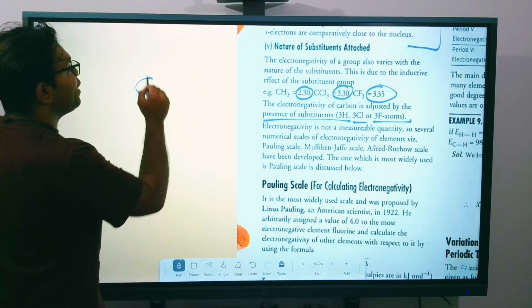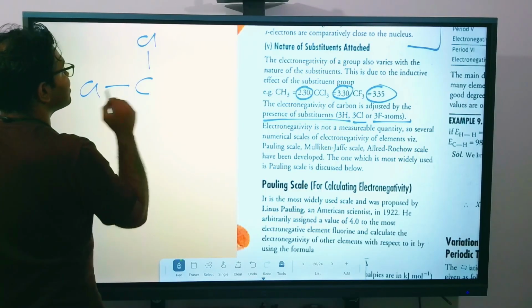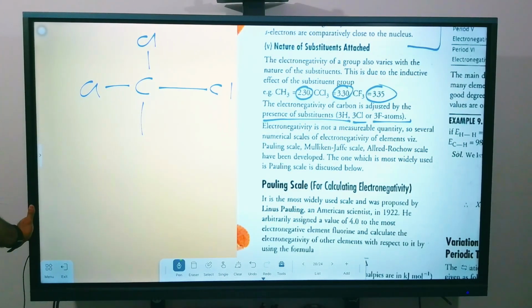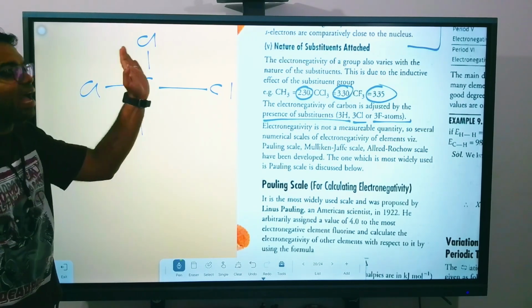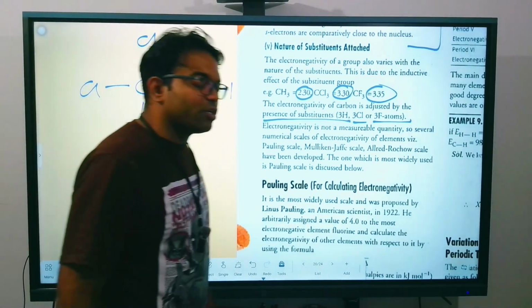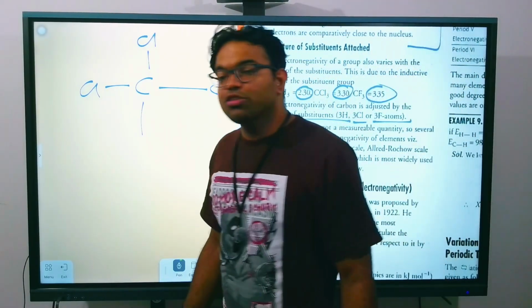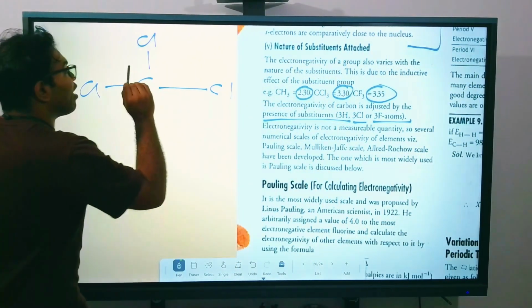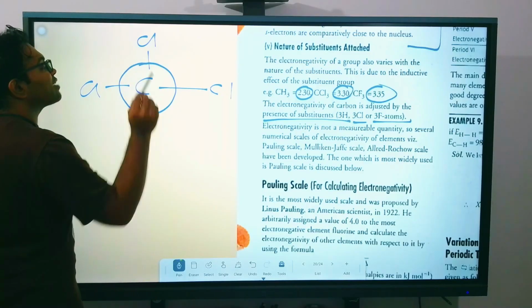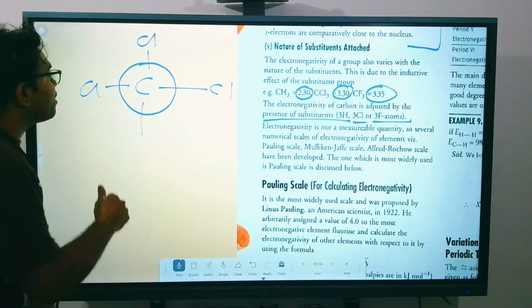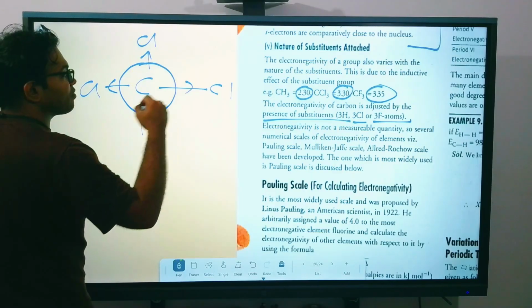CCl3. Okay, now in this case, what is happening? These chlorine atoms are more electronegative compared to your carbon. So, the electron cloud that is present around this carbon is being attracted by these 3 chlorine atoms.